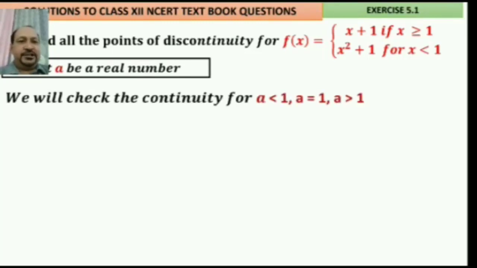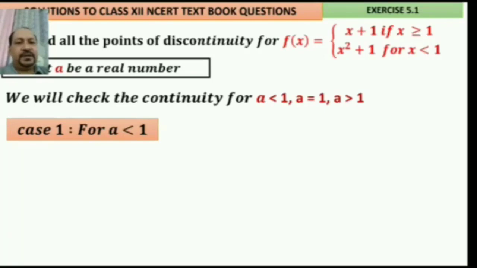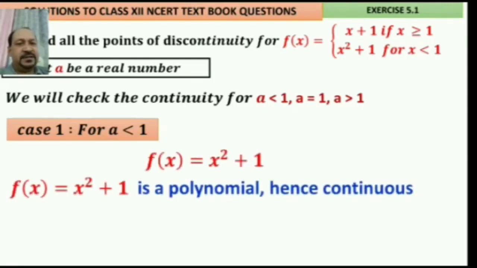We will check the continuity for these conditions: a is less than 1, a equal to 1, a is greater than 1. Case 1, for a less than 1, f(x) equal to x square plus 1 is a polynomial, hence it is continuous.